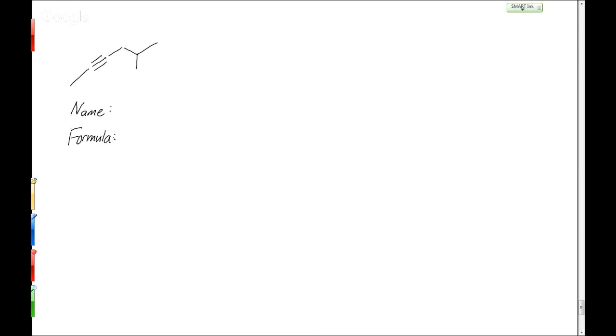Since there's a triple bond, is that a 6 carbon chain? Yes, because the triple bond doesn't bend. So each end of the triple bond is a carbon. So is the 3 bond the alkyne? Yes.